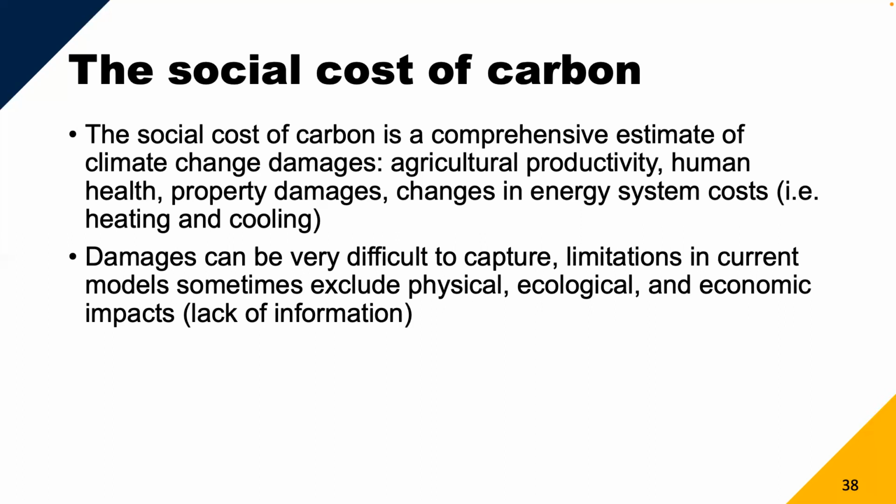This is why it's called a value of a statistical life. It's the average monetary value of a life. So a plane goes down, crashes, everyone on board dies, and the family sues the airline for compensation.